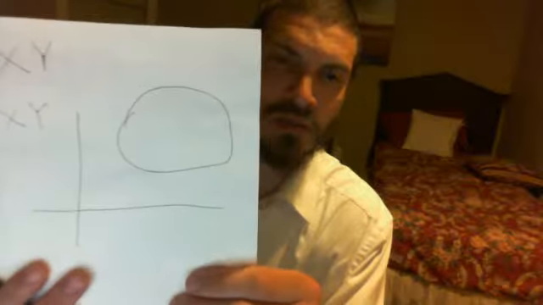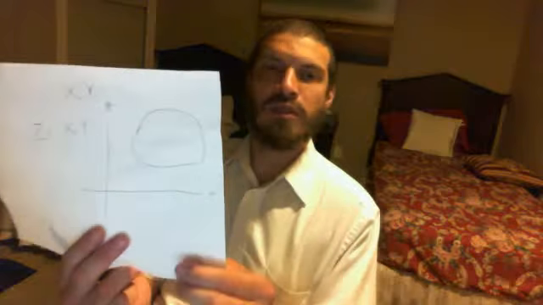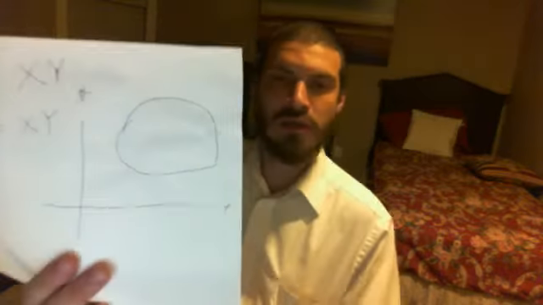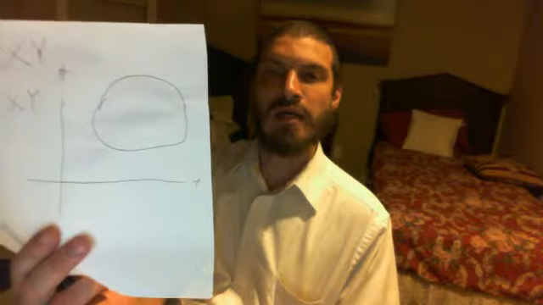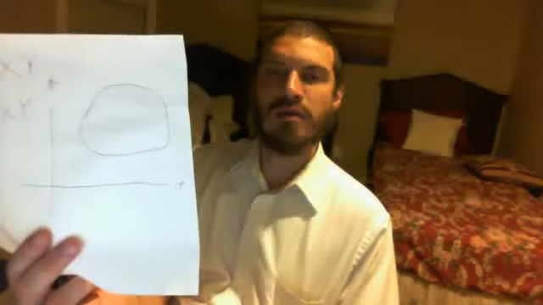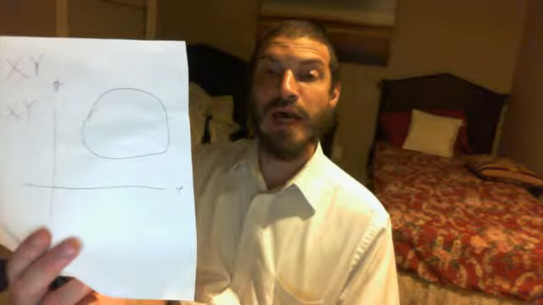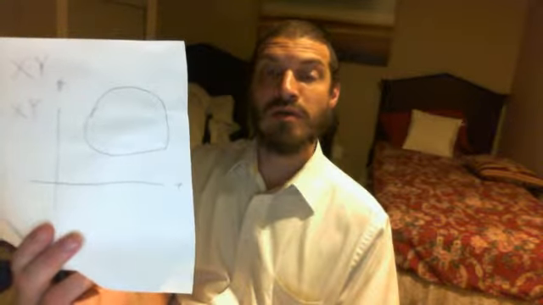As you see, this is a certain area in the XY plane, and each point in this XY plane has f of xy, and if you add them all together is equal to 1.